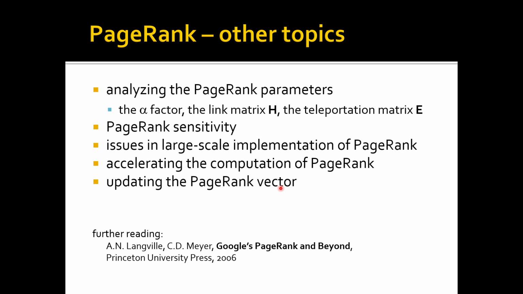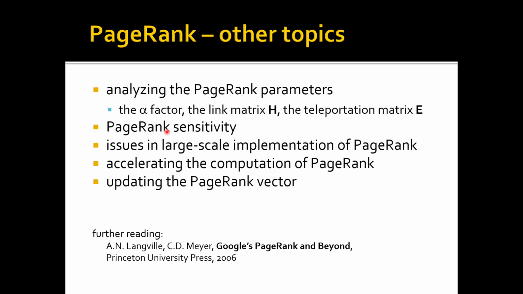Other topics are accelerating the computation of PageRank, large-scale implementation of PageRank, and also the sensitivity of PageRank, because the many parameters that we use in PageRank computation lead to different behavior and different convergence, for example. So we study the sensitivity.